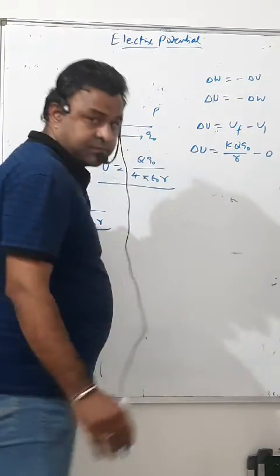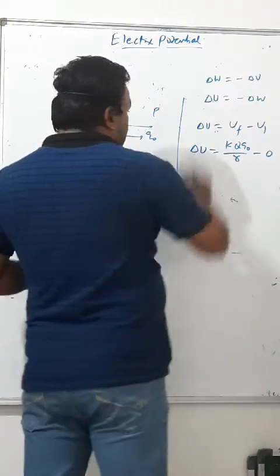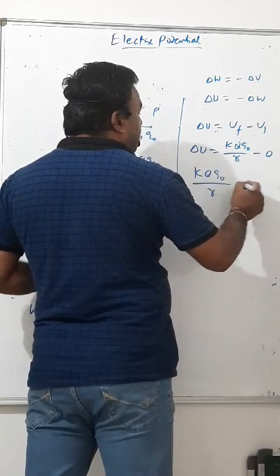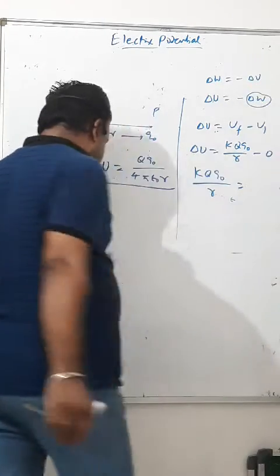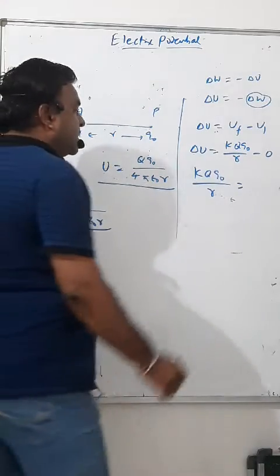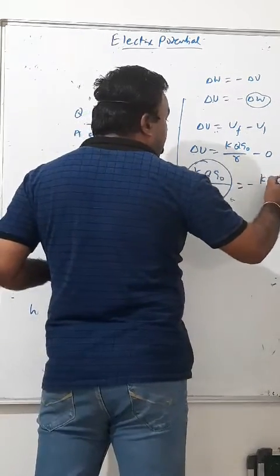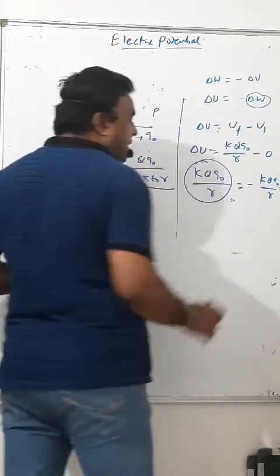Initial was 0. Then delta U becomes q q naught by r. But here the work done is this. Now the LHS of this equation is negative, 2 q naught by r. I hope you are getting it.